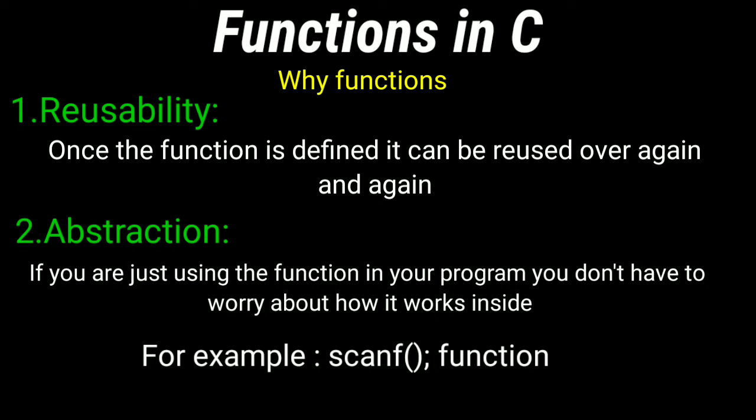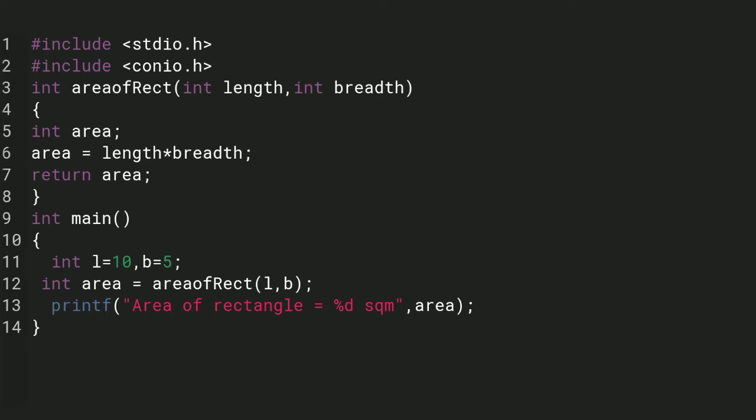Now let's demonstrate the use of a function in a C program. Suppose I want to calculate the area of a rectangle. Then instead of calculating the area directly, I am calling this function areaOfRect, whose functionality is defined over here.